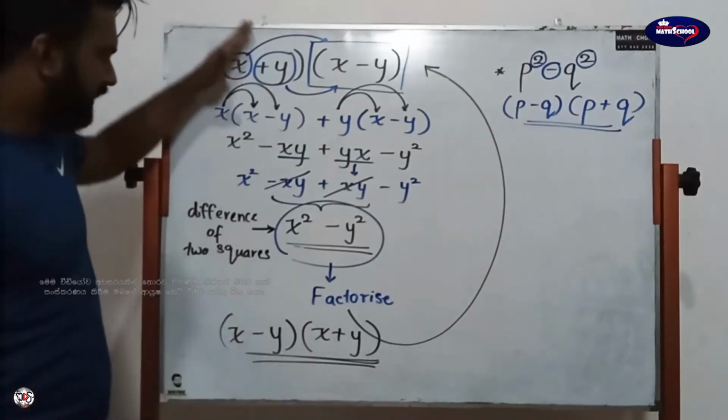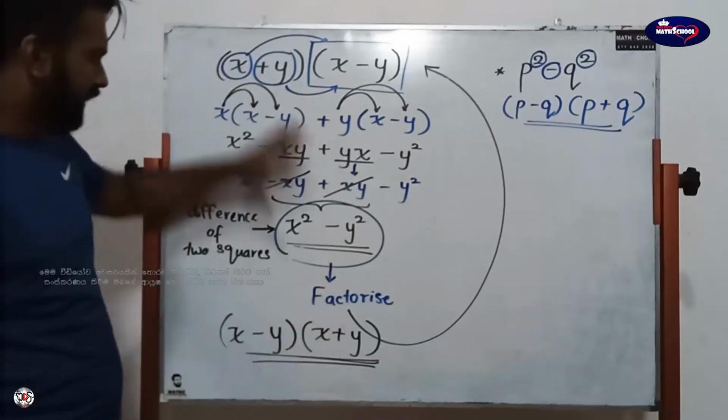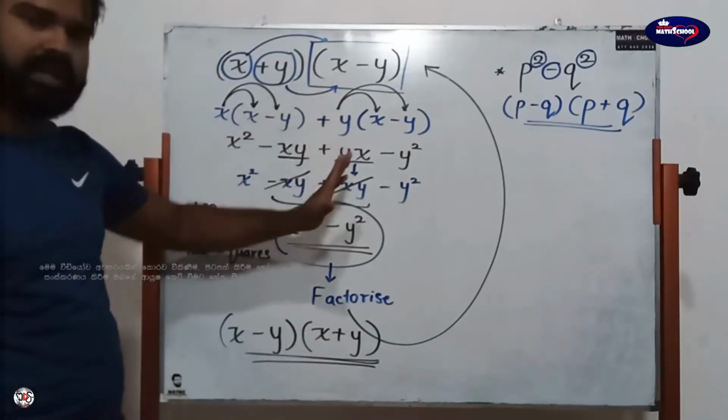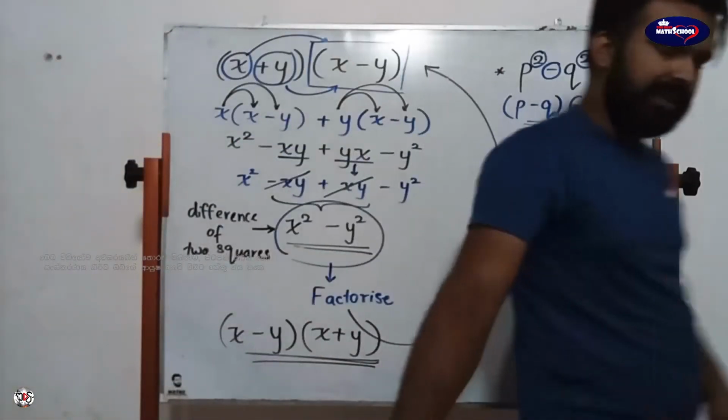Take this down, use two colors and write down all the things, the arrows and all the things. And as the first example, you can directly take this one.